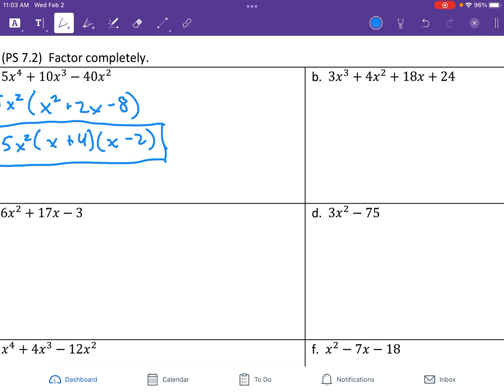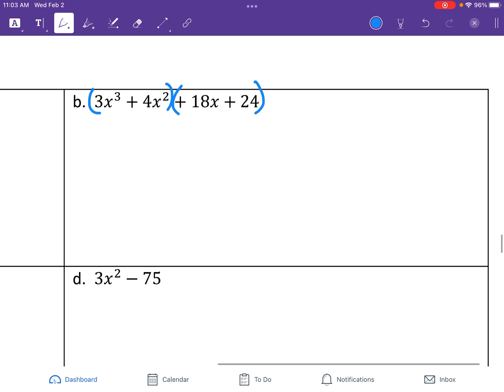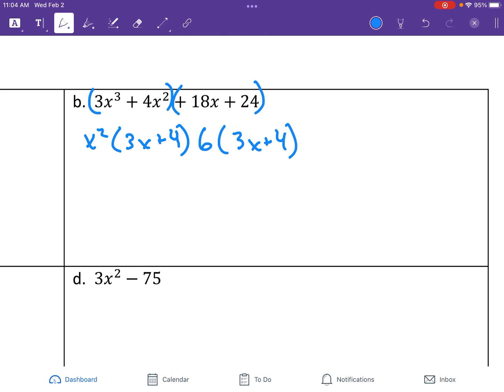Part B is our factor by grouping, because there's 4 terms. We're going to group the first 2 and the last 2. Out of the first 2 pieces, we can take out an x squared. So we have 3x plus 4 left over. On the next 2 pieces, what can we take out? We can take out a 6. Yes, which will leave us with 3x plus 4.